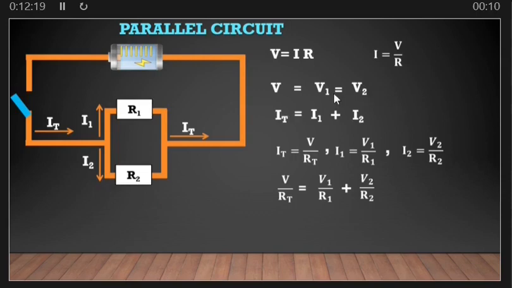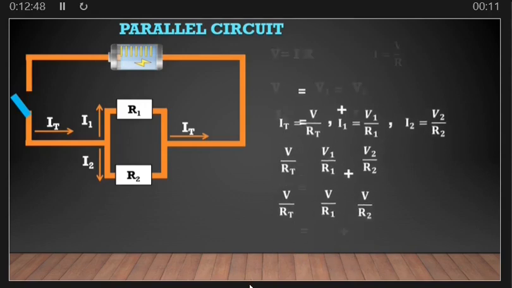Since these voltages are the same, we can equally replace them with one voltage that will represent all of them. So in this case, we'll just put the V here without adding numbers. So we say V over RT is equal to V over R1 plus V over R2. Right, we don't have space here, so let's move a bit.